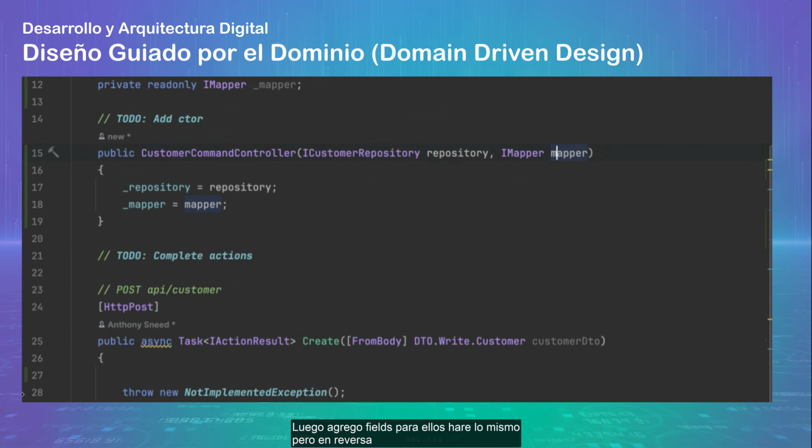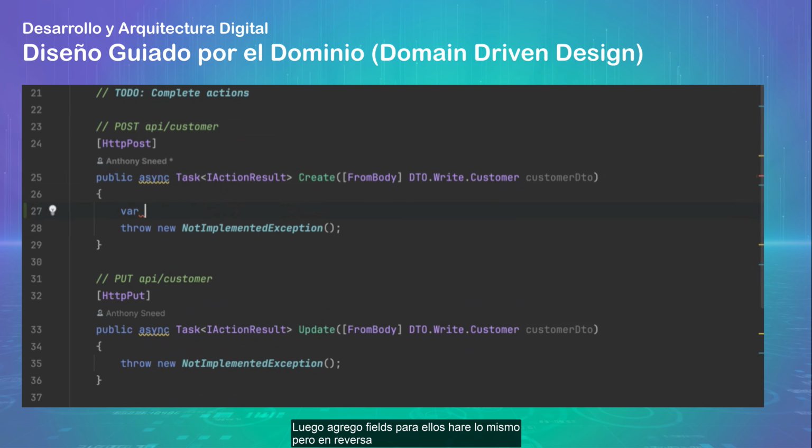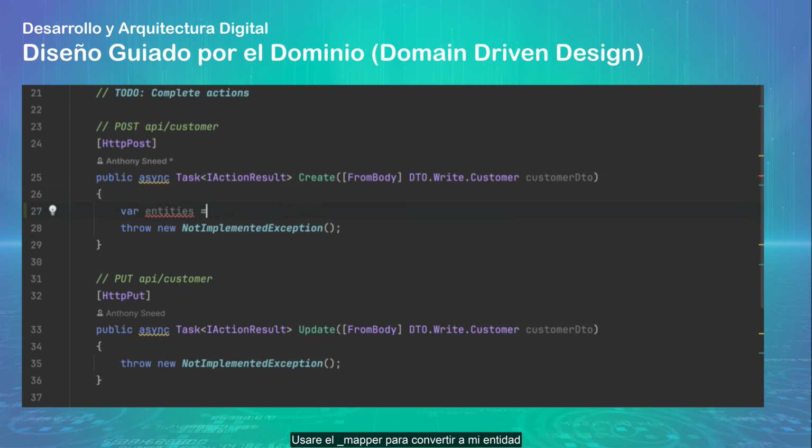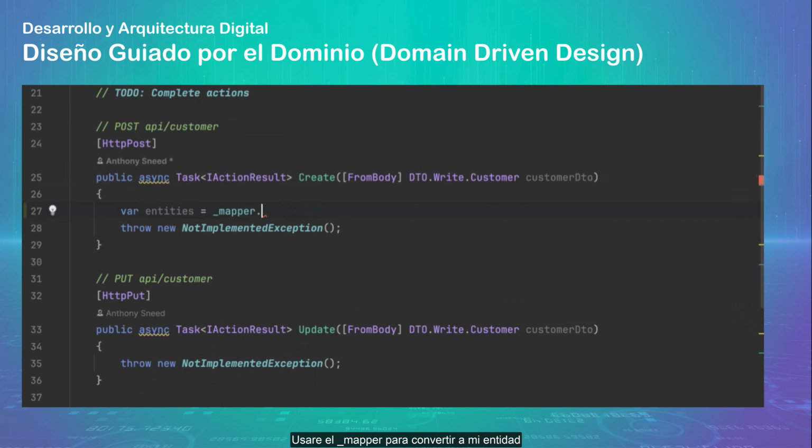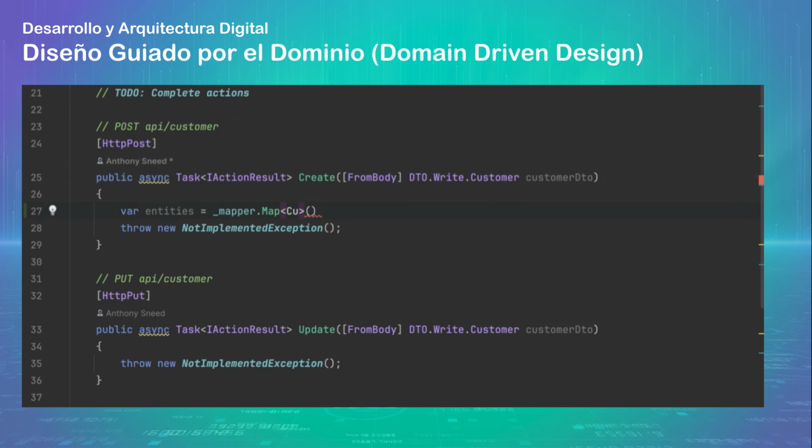And I do the same thing, but in reverse. So I'm going to var entities equals, and I'm going to take my mapper and map to my entity. So it's going to be my customer, which is here, the first one, in domain customer aggregate.